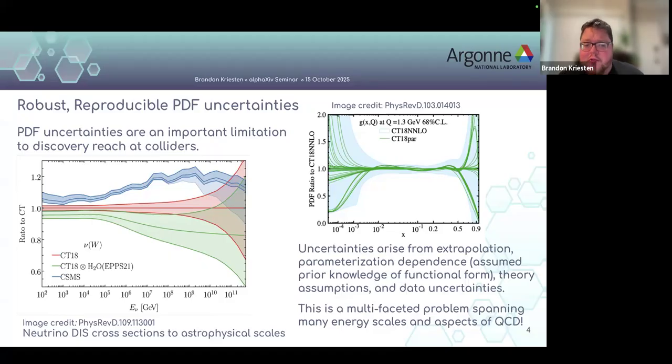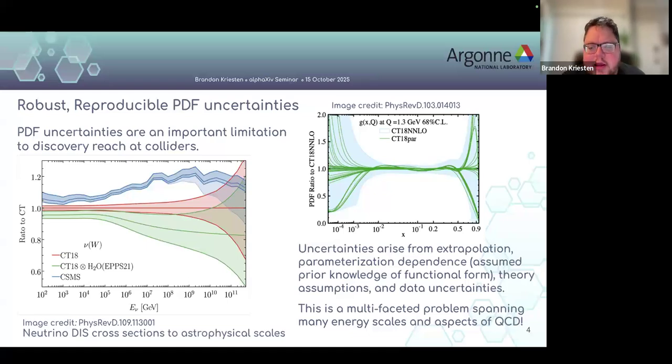mitigate this extrapolation error. Also, something that's really relevant in the fitting world is the fact that the parton distribution functions are often fitted with an assumed functional form, some prior knowledge. And this creates a parameterization dependence on the parton distribution function.